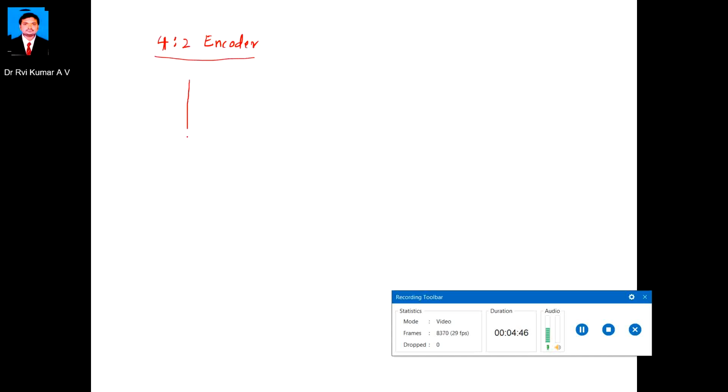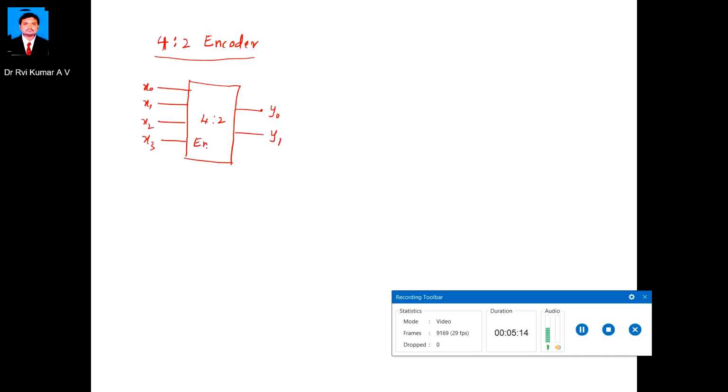We have 4 inputs, let's say x0, x1, x2 and x3, and outputs y0 and y1.